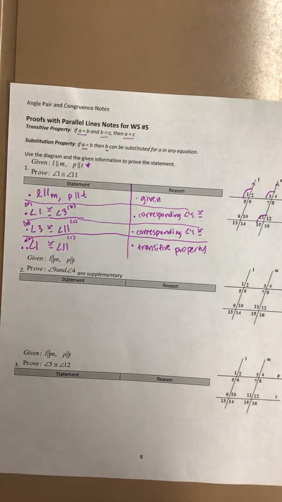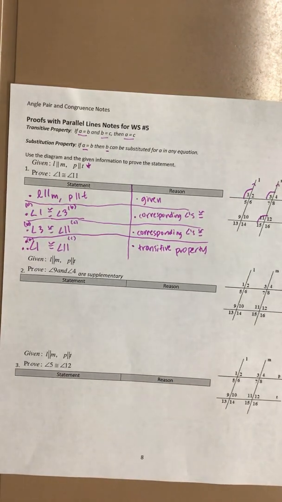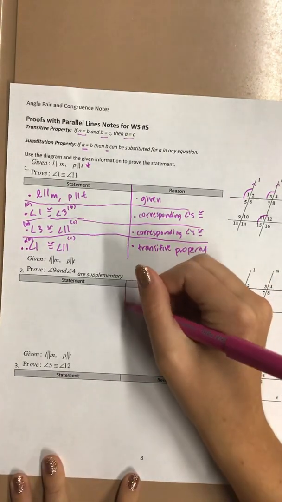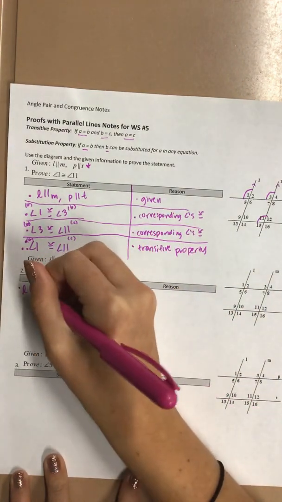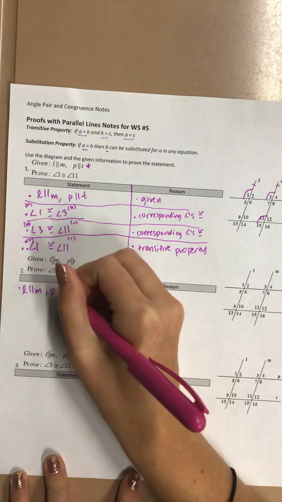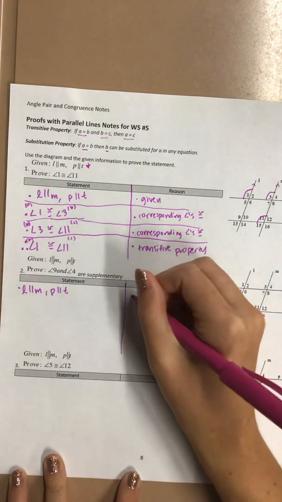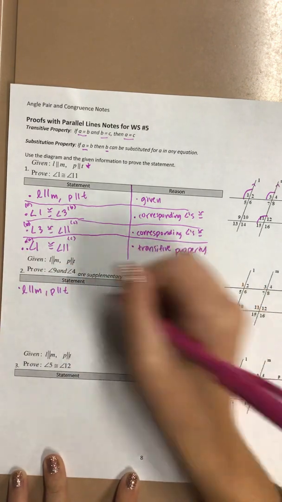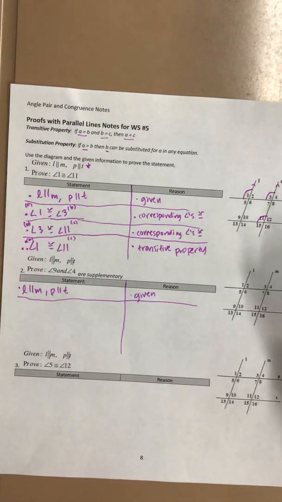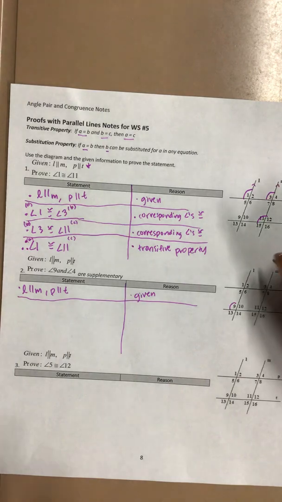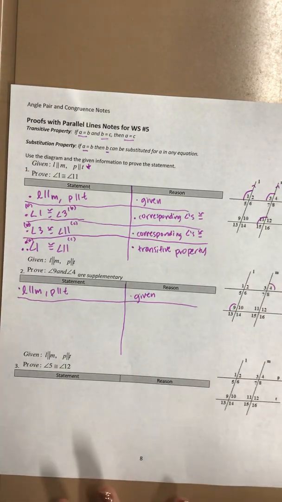So now we're trying to prove that 9 and 4 are supplementary. We're going to start with our given and make it a table. My given is L is parallel to M and P is parallel to T. And that's my given. I do have to write the given every single time. I'm going to start with 9 and I'm trying to get it to 4.